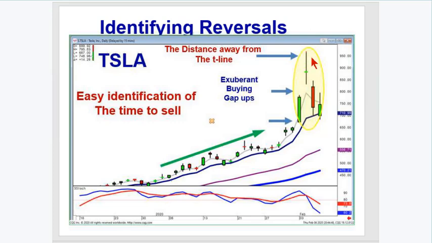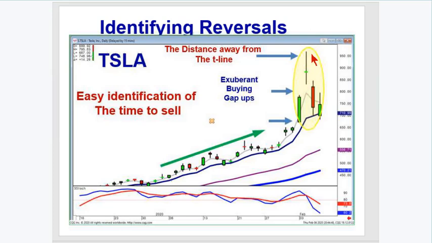But look what it was doing when it was here. Look how far away you are from the T-line. So what keeps you from losing all that profitability, getting out way down here? Again, you flip to your 10-minute chart. Why do you flip to your 10-minute chart?